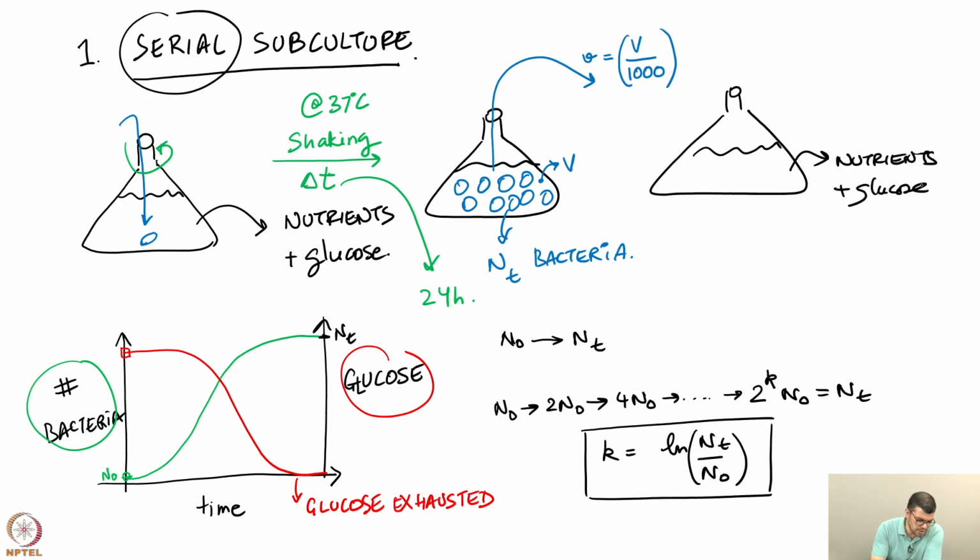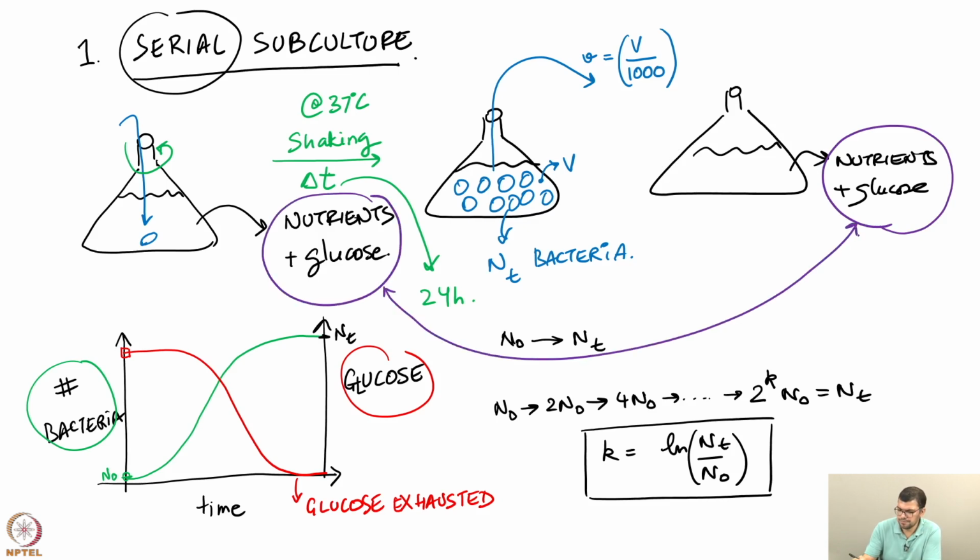The composition of nutrients of this flask is exactly the same as the composition of nutrients that were present in this particular flask. So, these two are identical. Basically, what I am doing is after this growth process in flask number 1, all the glucose is gone and Nt has reached this point where it can't increase any further.